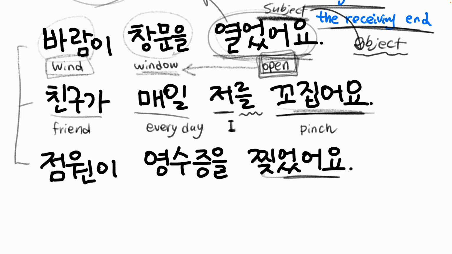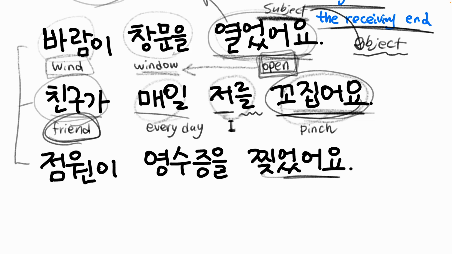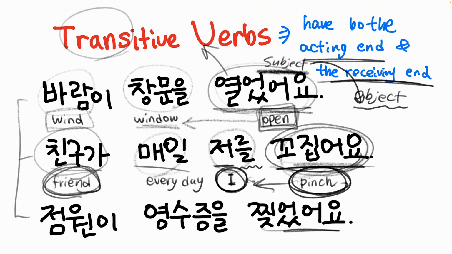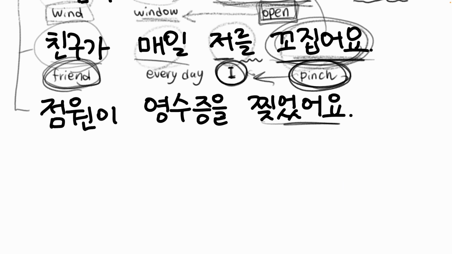So this sentence would mean my friend pinches me every day. So this verb also has an acting end and a receiving end, which is me. So the friend is transferring the effect of the action pinch to me. So 꼬집다 is also a transitive verb, and 점원 means clerk, someone who works at the store.